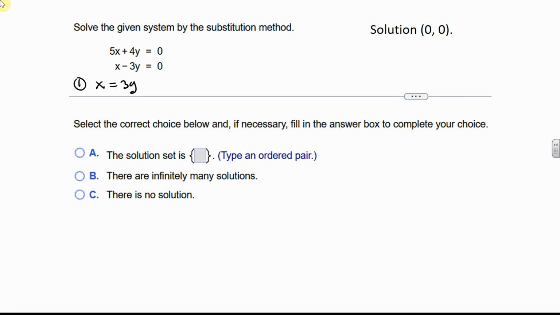So now step number 2, I'm going to go to the first equation, and I have 5 times x, but here x is said to be 3y, plus 4y equal to 0. Step 3, here, solve for y, because I get y and y, right?